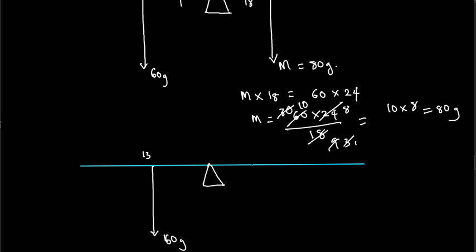But we are very sure that the mass of the meter rule is 80 gram and it's acting at the 48 cm mark. So now there are two unknowns. We don't know the distance between the fulcrum and the 60 gram, so let's call it x. We don't know the distance between the fulcrum and the 80 gram mass, the mass of the meter rule, so let's call that y.